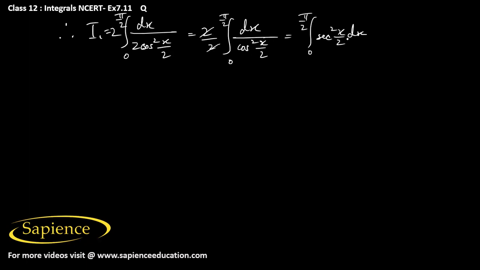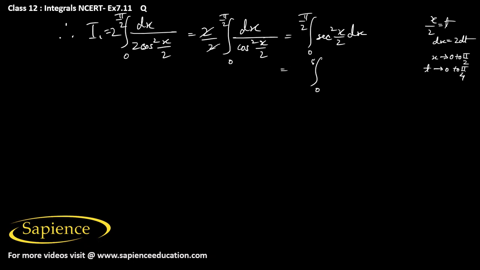So now the integral of sec square x is tan x. So if we take x by 2 as t, then dx will be equal to 2 dt. And x is going from 0 to pi by 2, so t will go from 0 to pi by 4.